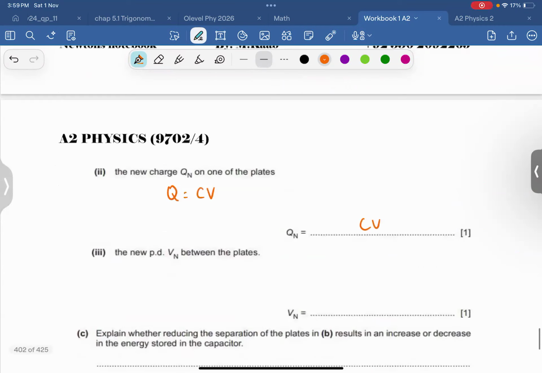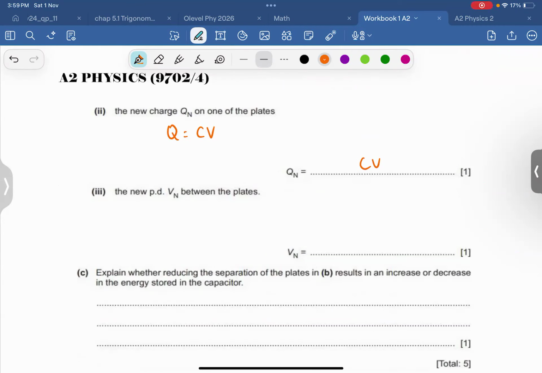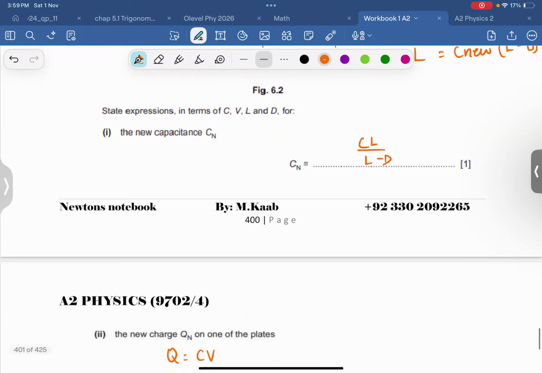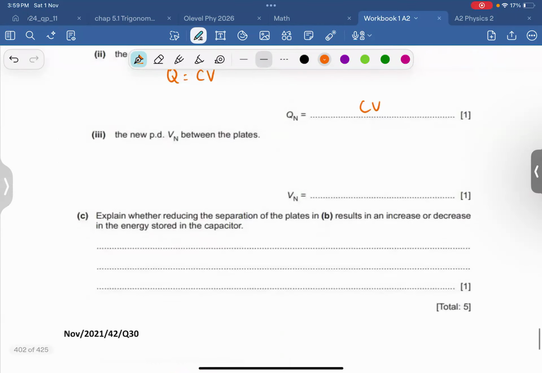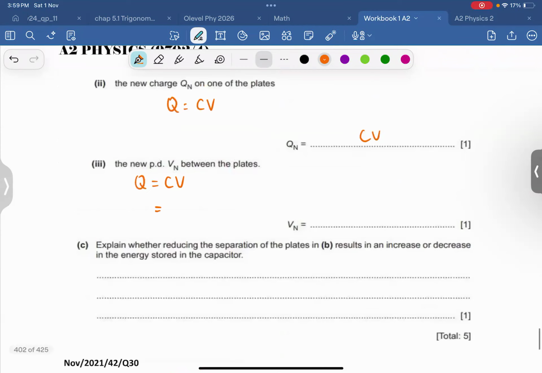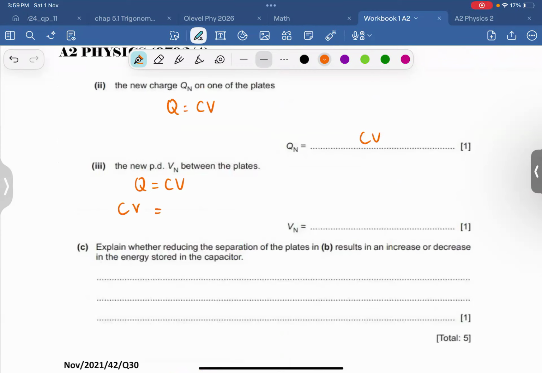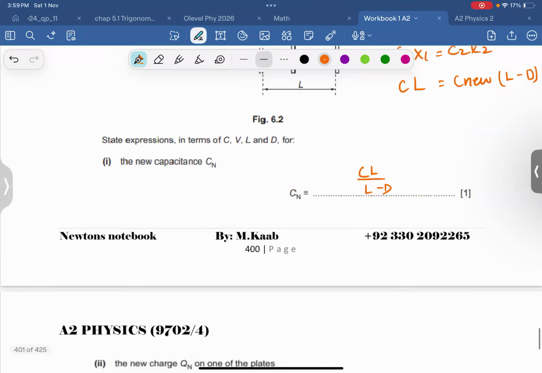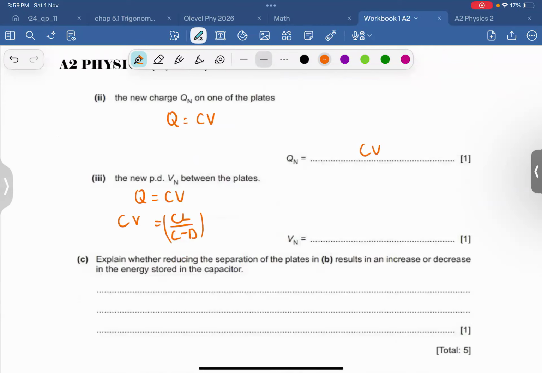Now they're asking about the potential difference between the plates. The new capacitance changes and the voltage changes, while the new charge and the old charge remain the same. If we apply Q equals CV, Q new and Q old remain the same, while C new is CL over L minus D. Then we have V over here.